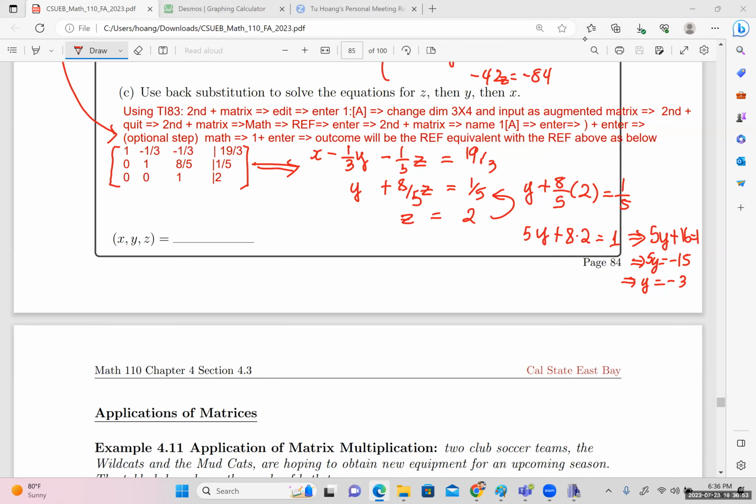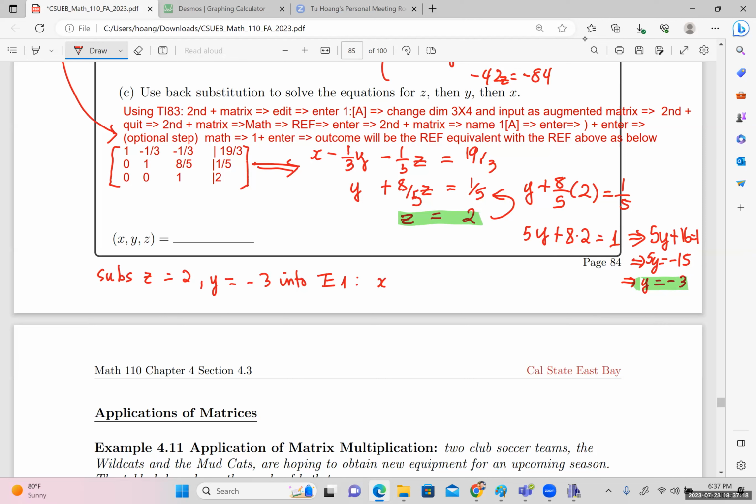Now you can highlight this. Highlight the z equal to 2, highlight y equal to negative 3. Now you can just substitute into equation 1.